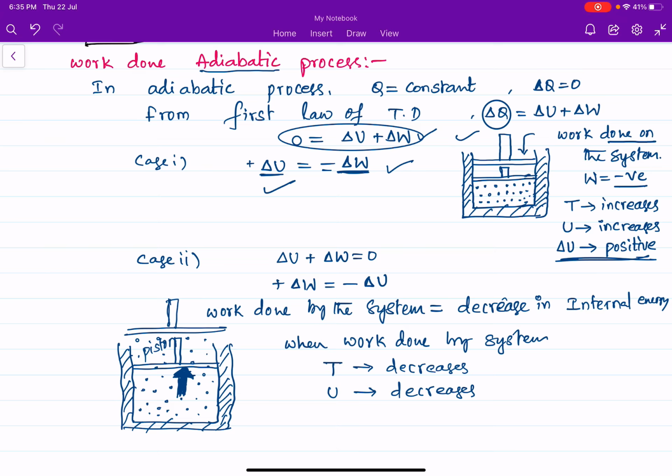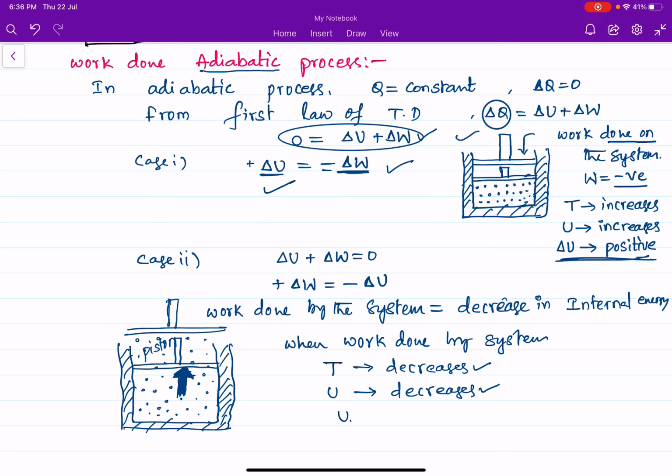I am repeating again. An ideal gas is one in which there are no intermolecular forces. That means there is no potential energy term in the internal energy. So internal energy is purely the sum of kinetic energy of all the molecules, and kinetic energy purely depends on temperature. So as temperature decreases, internal energy decreases.